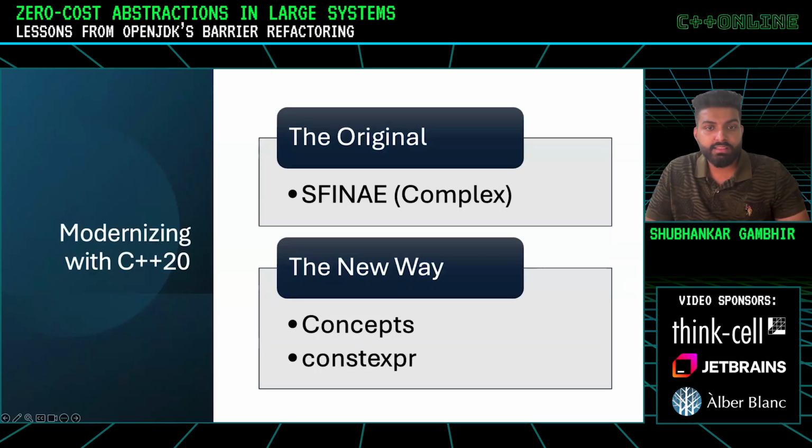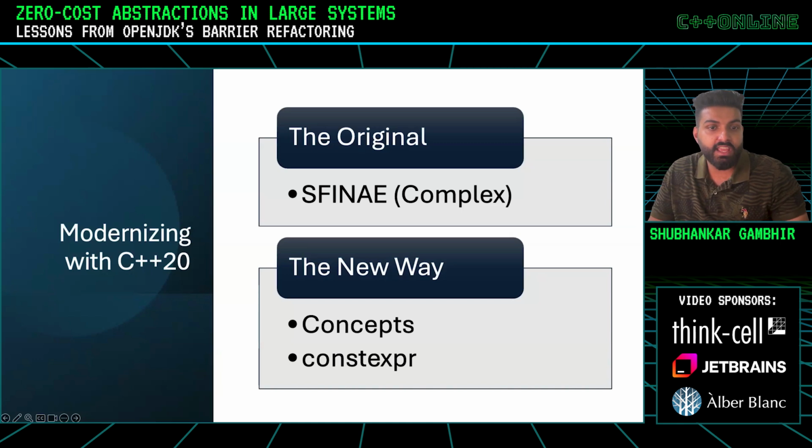It is worth noting that this Access API was designed and built around C++14. The code we looked at today relies heavily on SFINAE, std::enable_if, and std::integral_constant. It is complex and verbose. If you were to build this same architecture again using C++20, the syntax gets much cleaner.